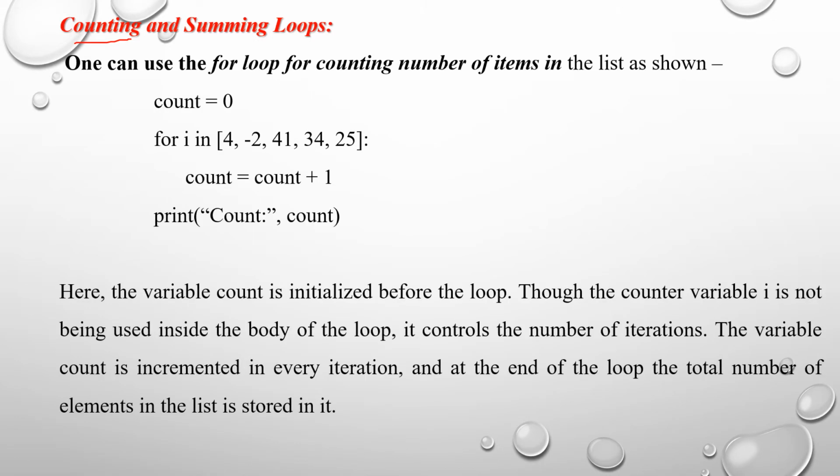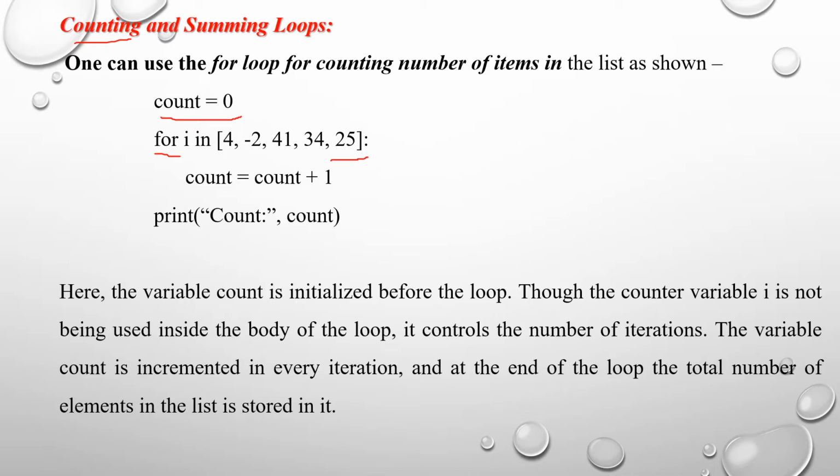Let's consider a counting loop. One can use the for loop for counting the number of items in a list, as shown. Here count = 0 is the variable initialization. After that we declare one for loop: for i in, and we declare some list. The list contents are 4, -2, 41, 34 and 25.